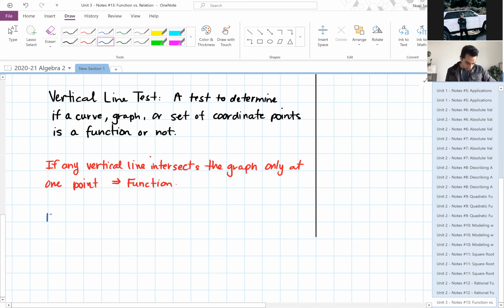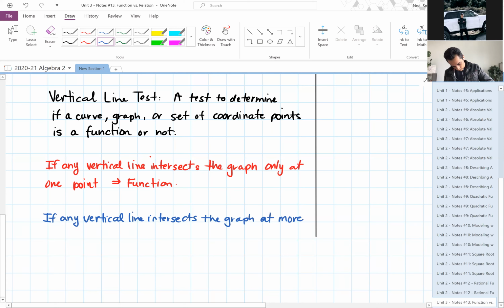If any vertical line intersects the graph at more than one point, then this is not a function.